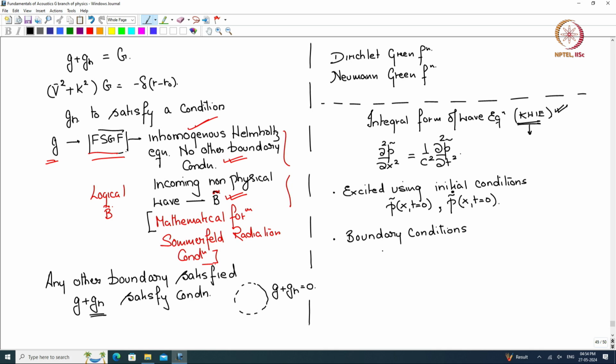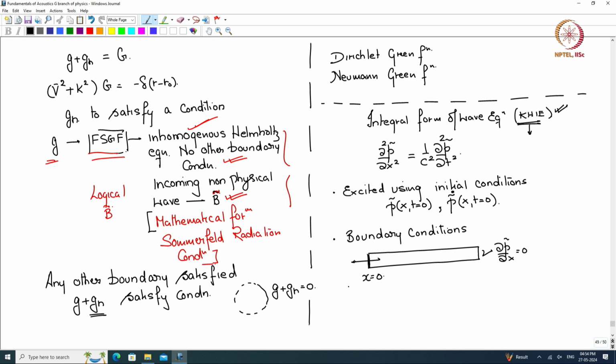So, I have, let us say, a pipe, a finite pipe, and at one end it is rigid ended. That means del P del x is 0, and here at x equal to 0 I have a piston, and the piston oscillates.